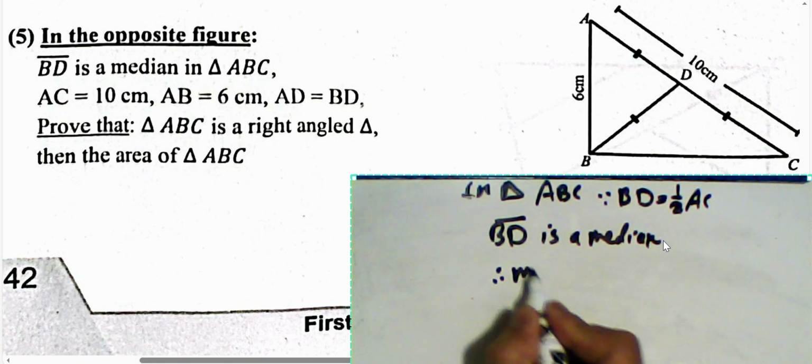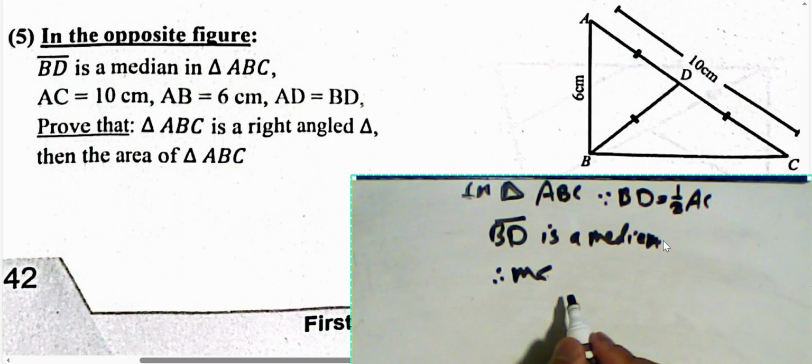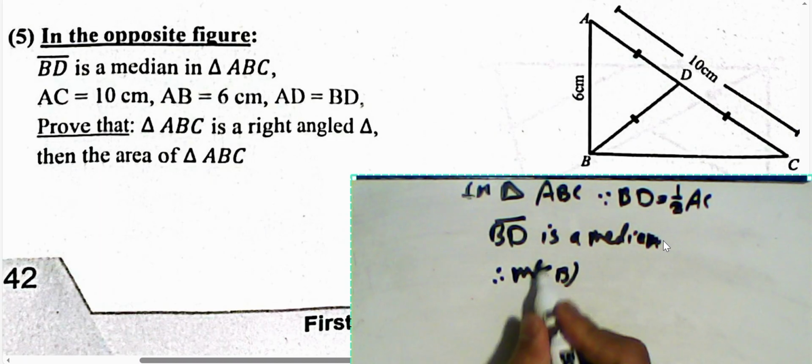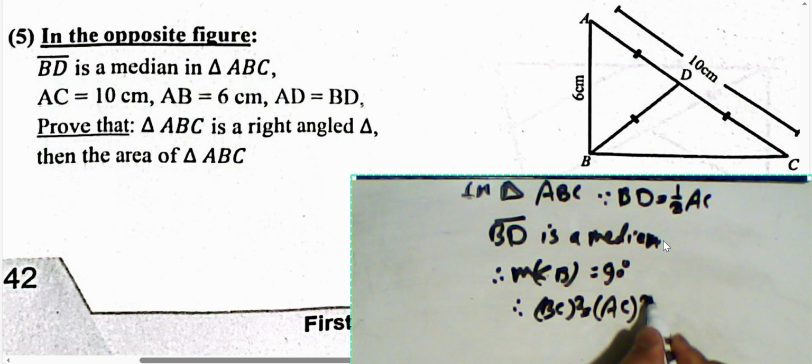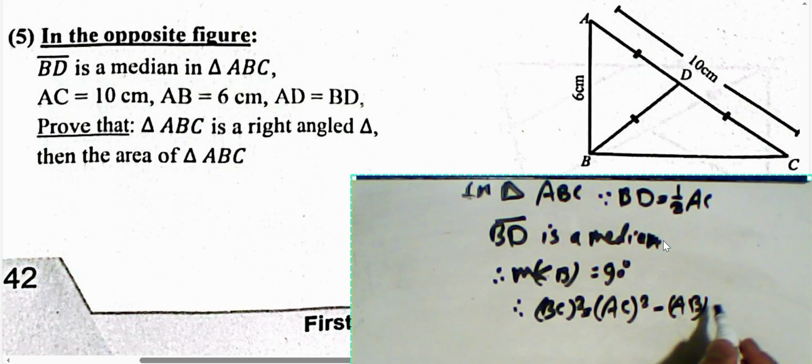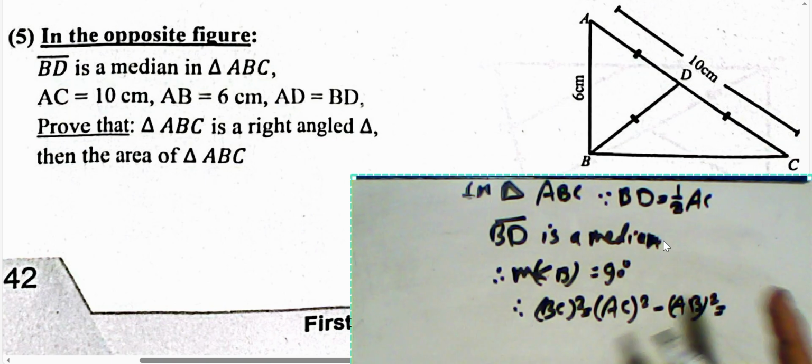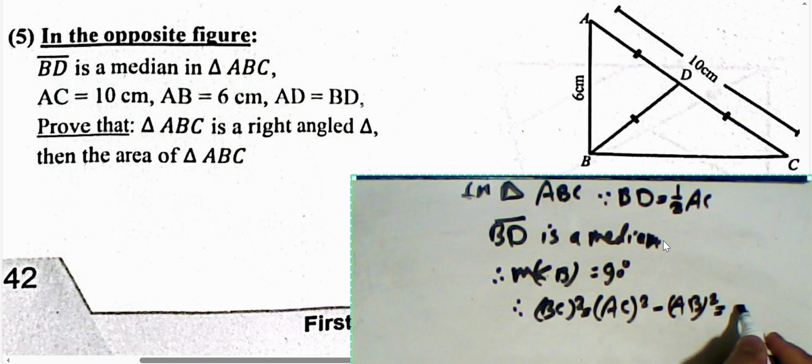Then the measure of angle B will be 90 degrees. Then from the Pythagoras theorem we can find the length of BC. BC power 2 equals AC power 2 subtract AB power 2, equals 100 subtract 36, which equals 64.